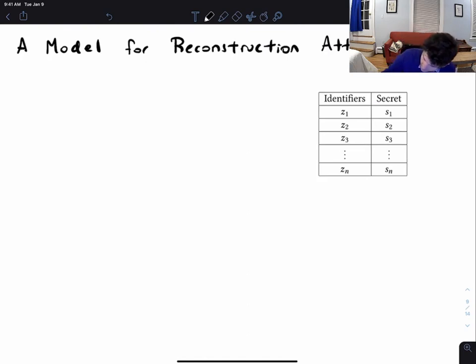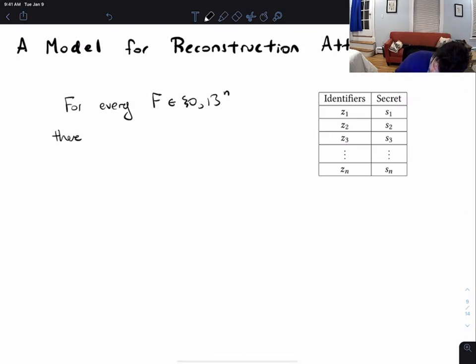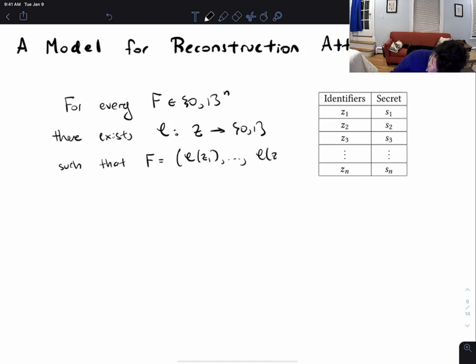So what I mean by that is, for every f in {0,1}^n, there exists phi mapping the identifiers to {0,1} such that the vector f is equal to phi of z1 up through phi of zn.